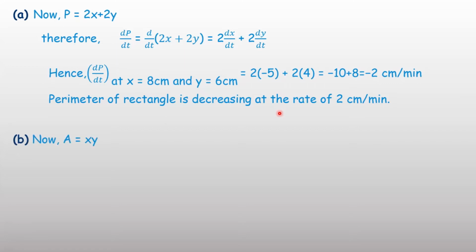The second part, area equal to xy, differentiate with respect to t and apply the product rule: first function times differentiation of second plus second function times differentiation of first.